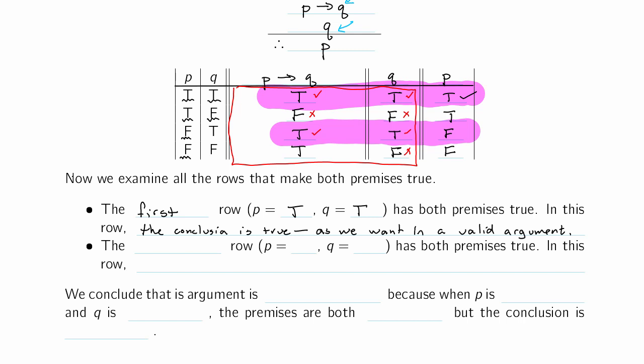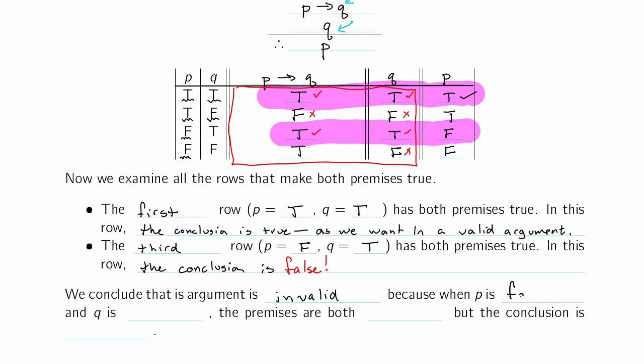But in the third row, where P is false and Q is true, that also has both premises true, but in that row, the conclusion is false. And we can't have that in a valid argument. So we conclude that this argument is invalid.